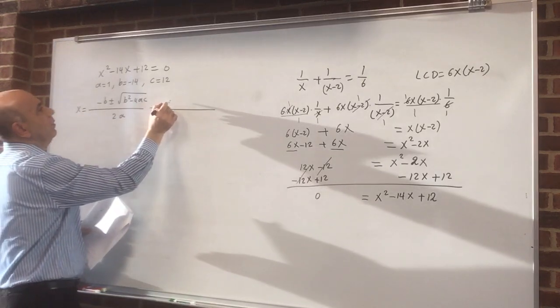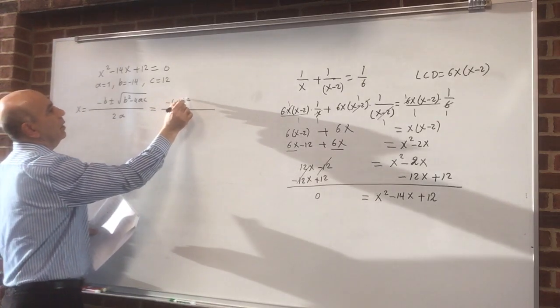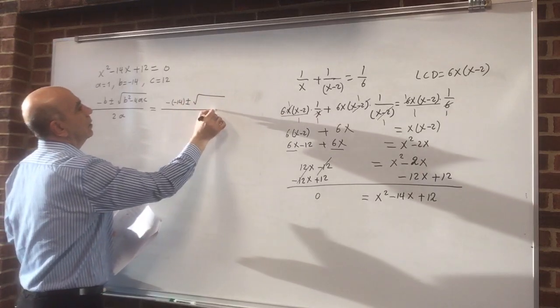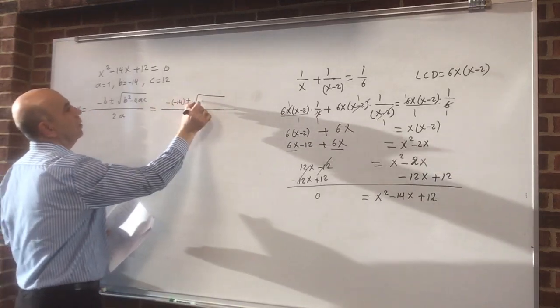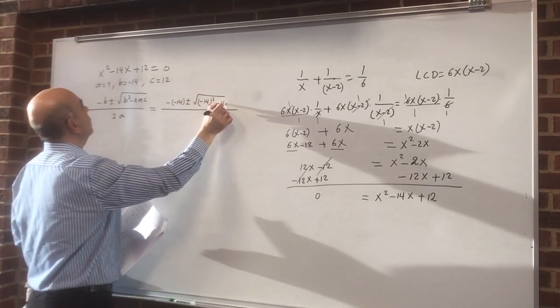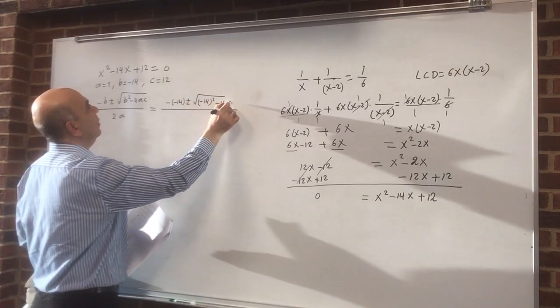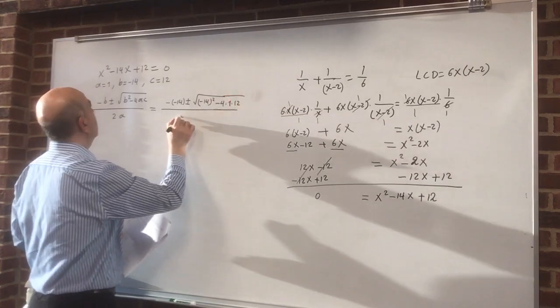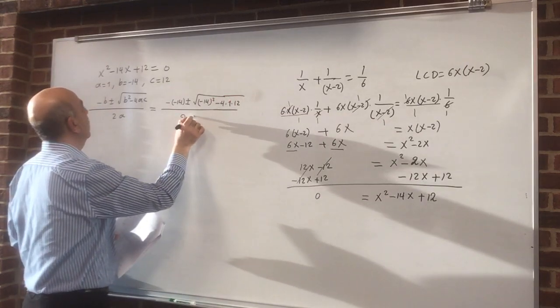Substitute: negative b is negative negative 14, which is positive 14, plus or minus the square root of negative 14 squared minus 4 times a is 1 times c is 12, divided by 2 times a is 1.